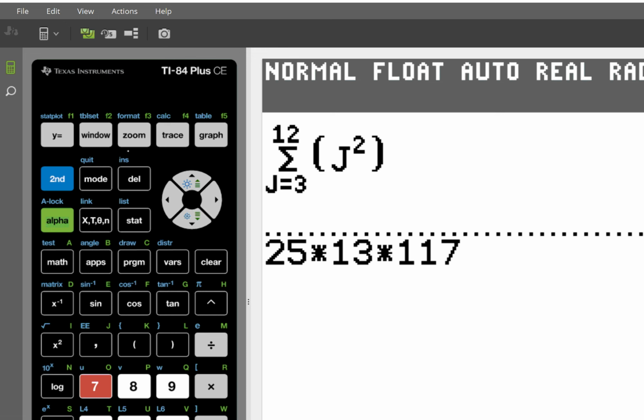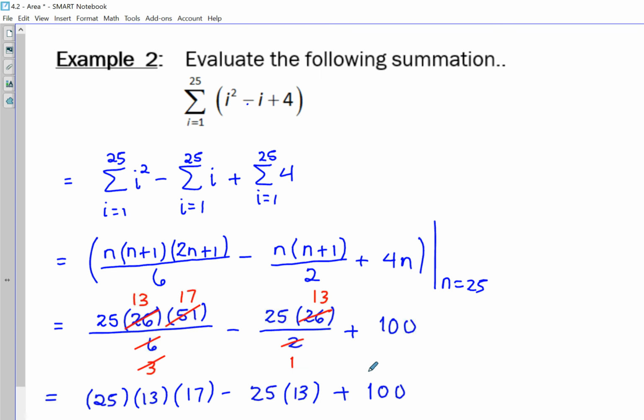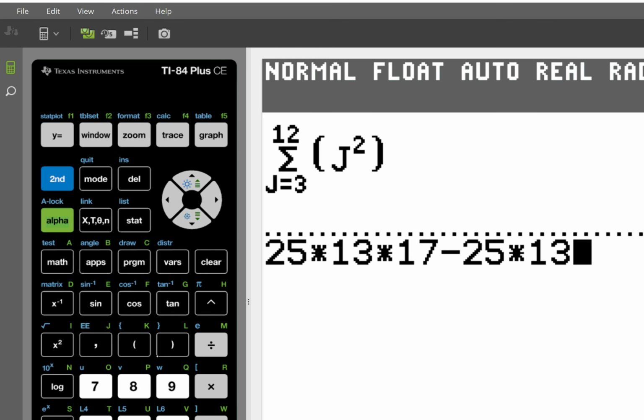Try that one more time. And then we subtract 25 times 13. And then just to double check, I believe we were going to be adding 100. So we'll add 100 to that result. And we end up with a result of 5,300, which should be the correct answer.